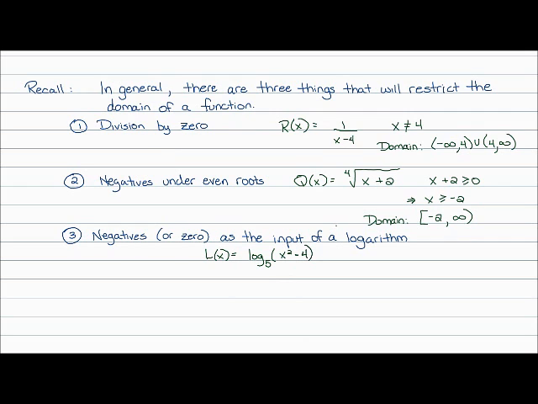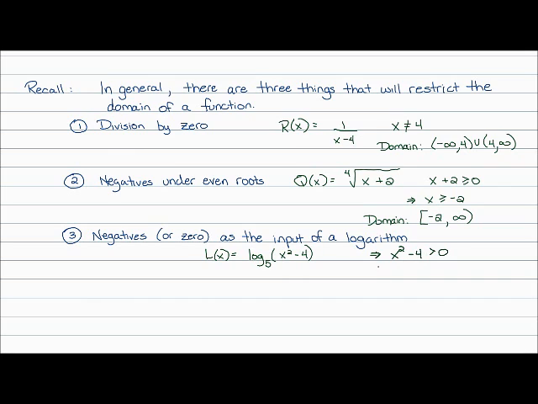Well, in that case, I know that x squared minus 4 would have to be strictly greater than 0, because whatever x squared minus 4 is, it cannot be negative, nor can it be 0. So that would imply that x squared minus 4 would have to be greater than 0.